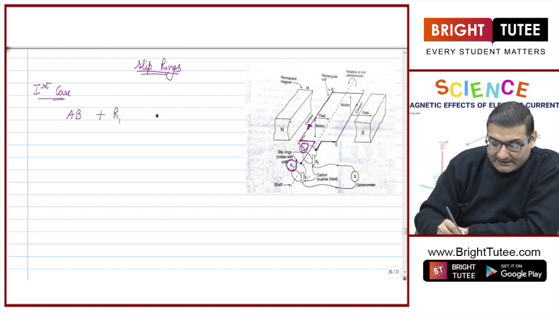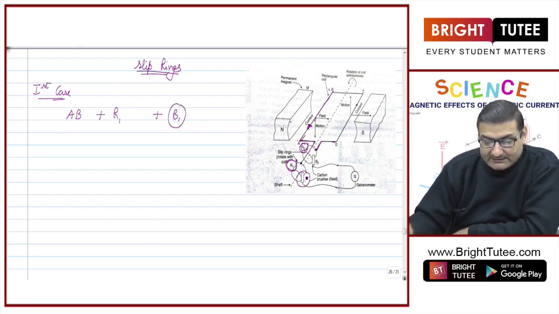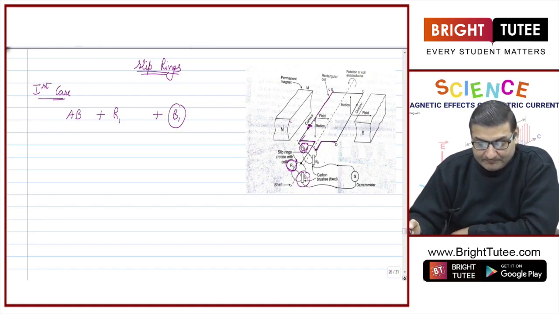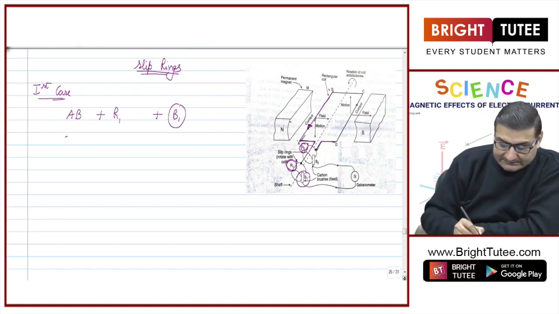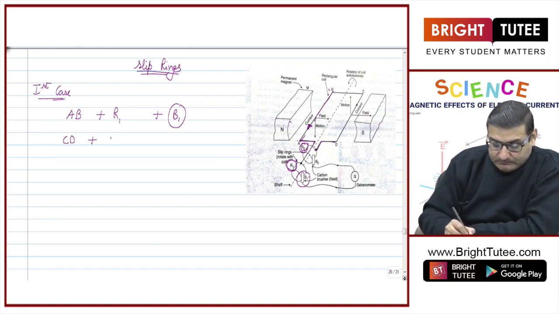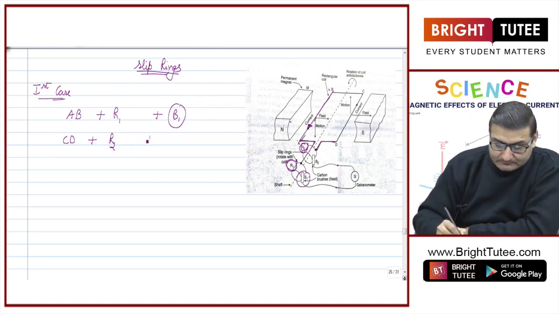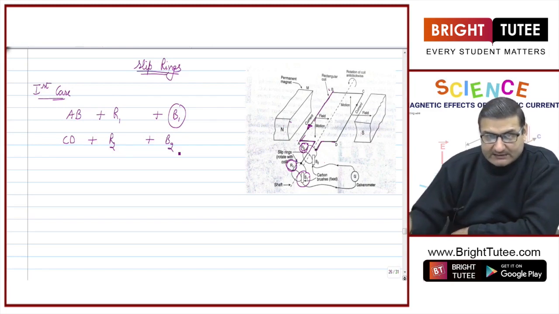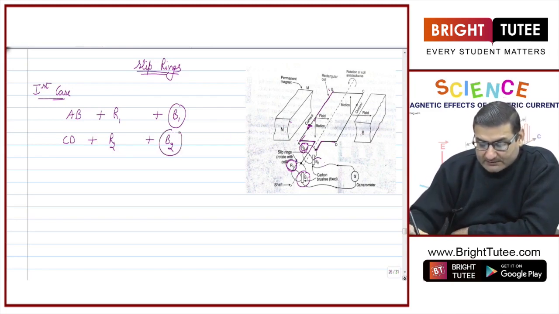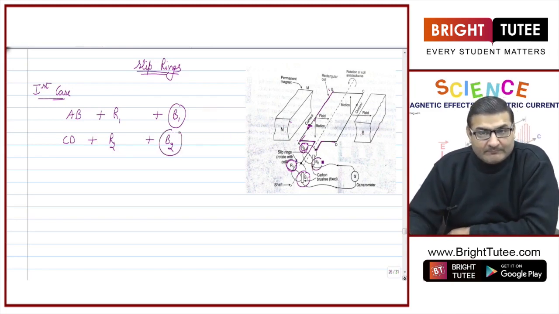This R1 is with the B1 carbon brush, as we can relate in this diagram, right? Fine. And the side CD is attached to slip ring R2, which in turn is attached to the B2 carbon brush. This is the carbon brush B2.